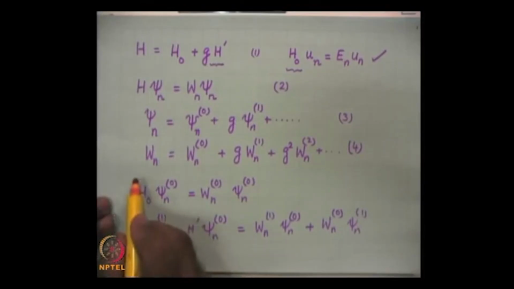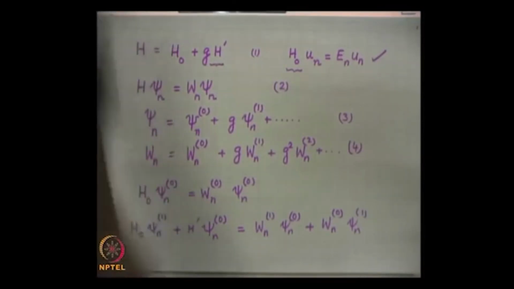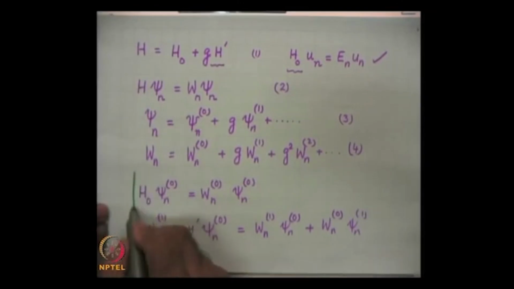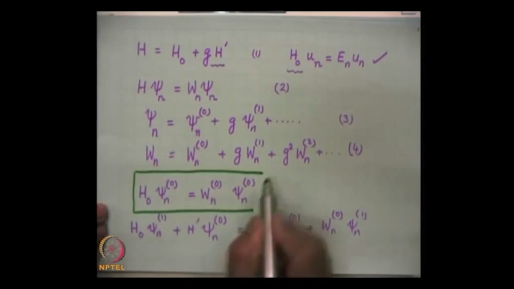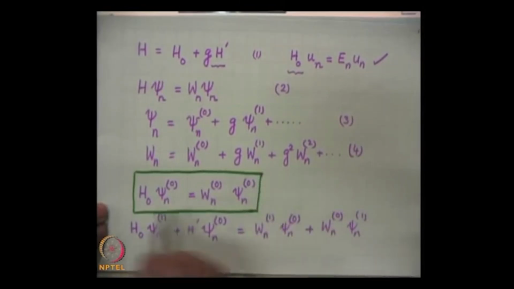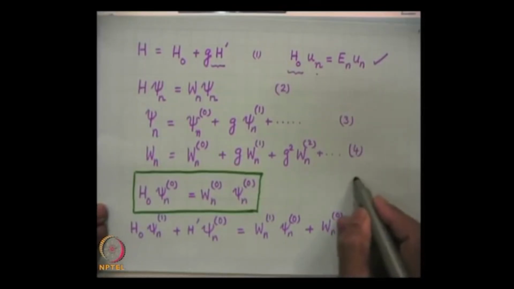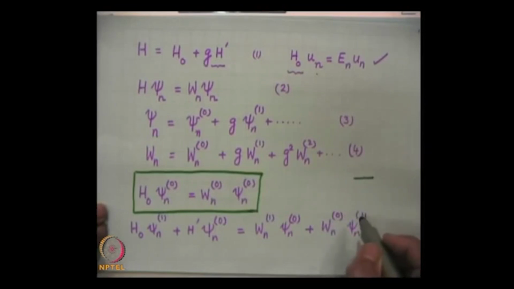Now, if you look at this equation, you find that psi n 0 is an eigenfunction of the operator H naught. So, psi n 0 and u n are the same. Let us first consider non-degenerate states, so that the nth state is non-degenerate, there is only one wave function.